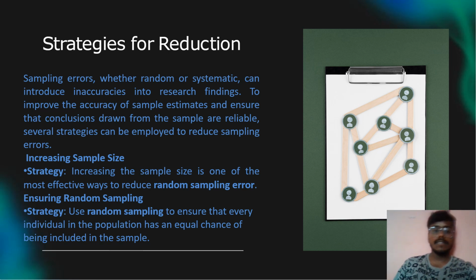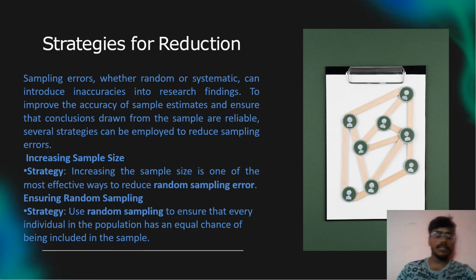Then strategies for reduction. Sampling errors, whether random or systematic, can introduce inaccuracies into research findings. To improve the accuracy of sample estimates and ensure that conclusions drawn from the sample are reliable, several strategies can be employed to reduce sampling errors. Then increasing sample size.